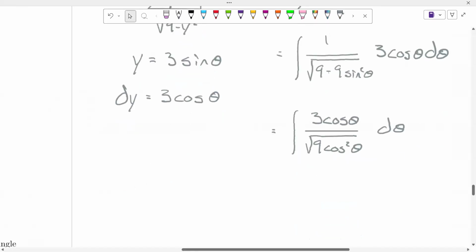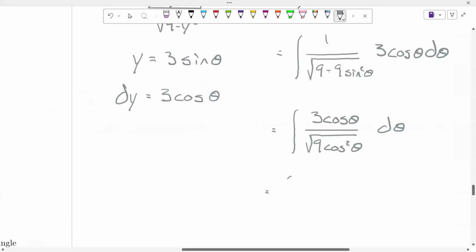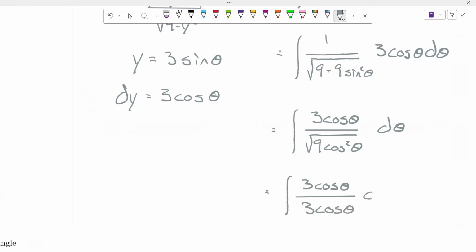And then this thing is the integral of 3 cosine theta divided by the square root of 9 cosine squared theta, which is also 3 cosine theta d theta.